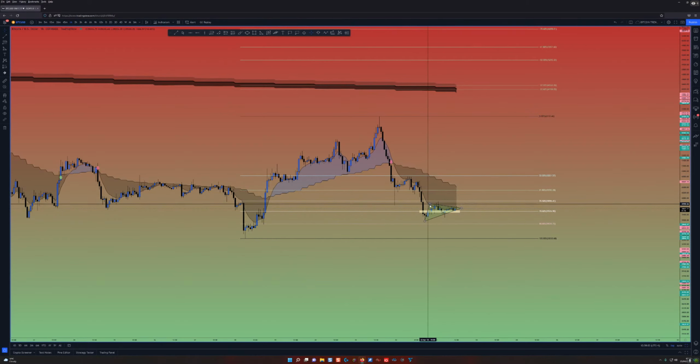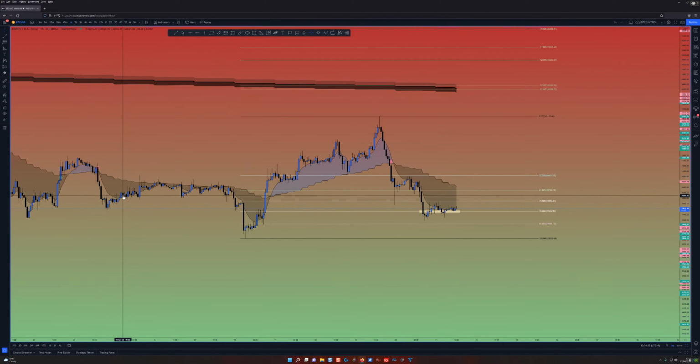Let me move this out of the way now. If you just look at that lower boundary line, that wave is almost like sticking to it. As this wave comes down lower, this is flattening out until it gets inside, and then it's going to almost use this cloud momentum to bounce back up to the upper side. That's what I'm hoping anyway.